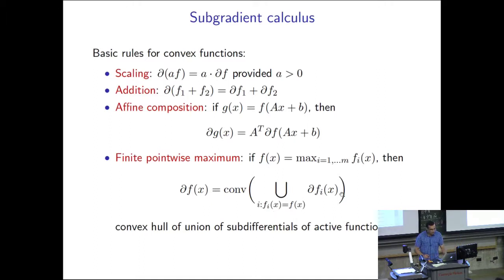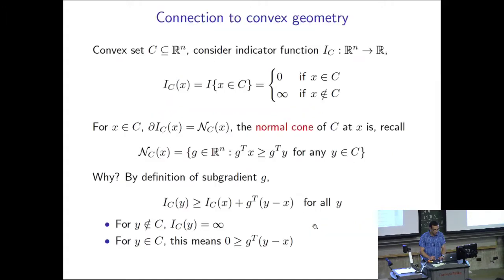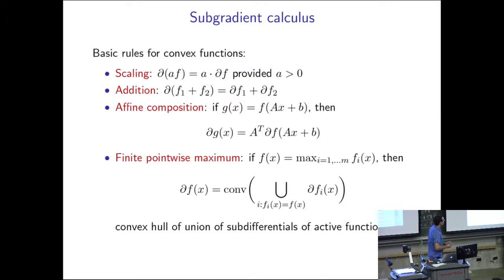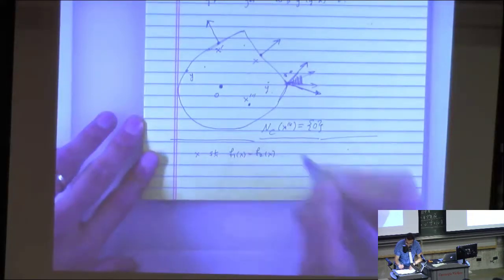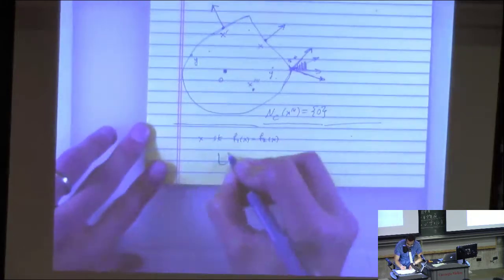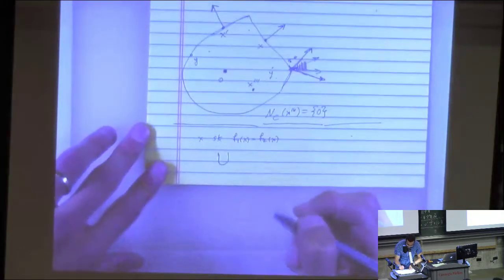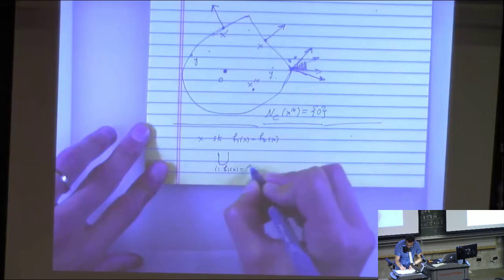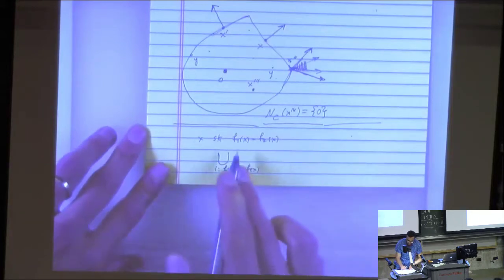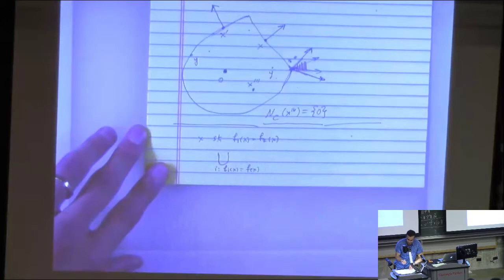To remember this, it maybe helps to remember the rule we talked about earlier, because it reduces to this in a simple case. Let's just suppose I have f1 and f2, and I have x such that f1 of x equals f2 of x. Then if I look at the union over all functions i such that fi equals f of x, that's just going to be something separate for the first and for the second function.